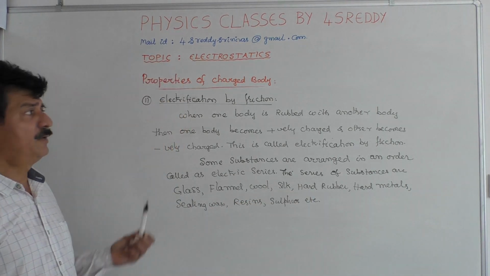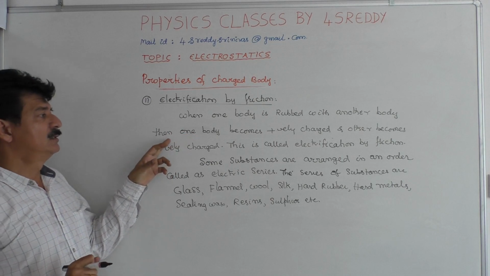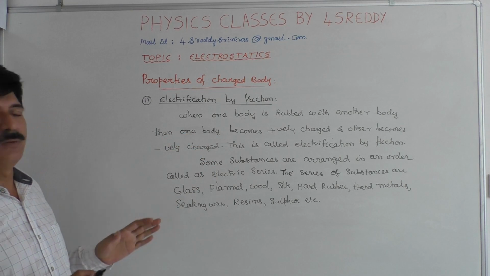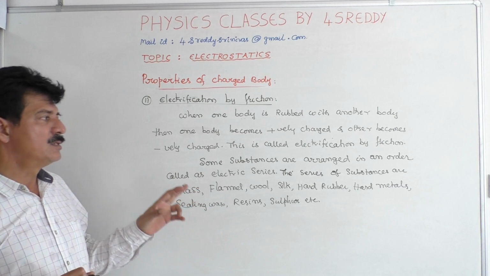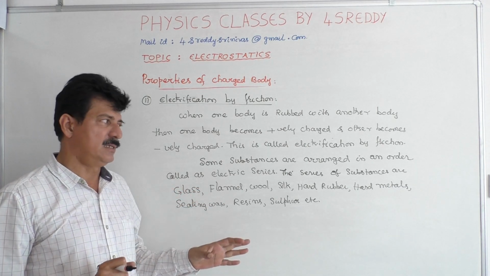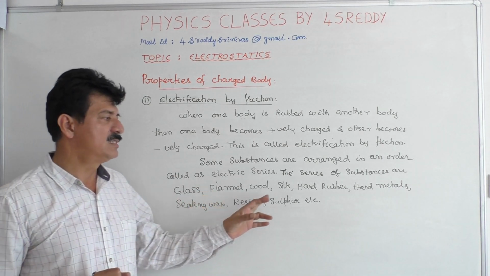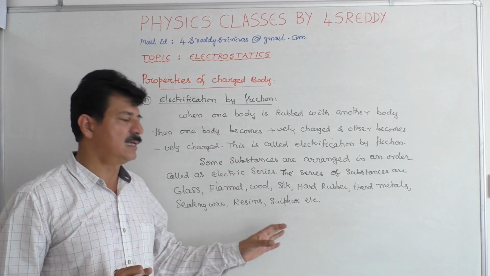So, electrification by friction means when one body is rubbed with another body, then one body becomes positively charged, the other becomes negatively charged. And this is called electrification by friction. Some substances are arranged in an order called electric series. The series of substances are glass, flannel, wool, silk, hard rubber, hard metals, sealing wax, resin, sulfur, etc.